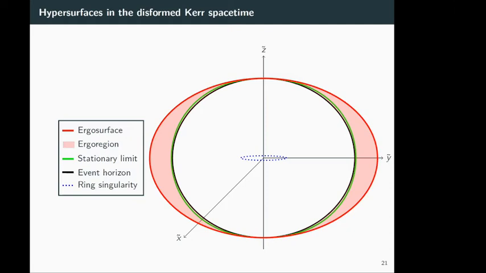It's really a new feature compared to Kerr, because for Kerr these green and black surfaces are exactly the same, and for Schwarzschild the three surfaces are the same. So this is one of the main questions we have: what happens inside this region? What are the properties? Because it's really a new feature of these spacetimes.